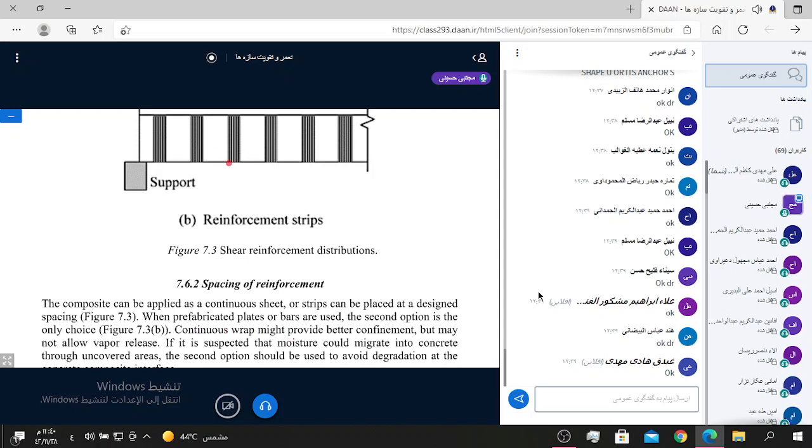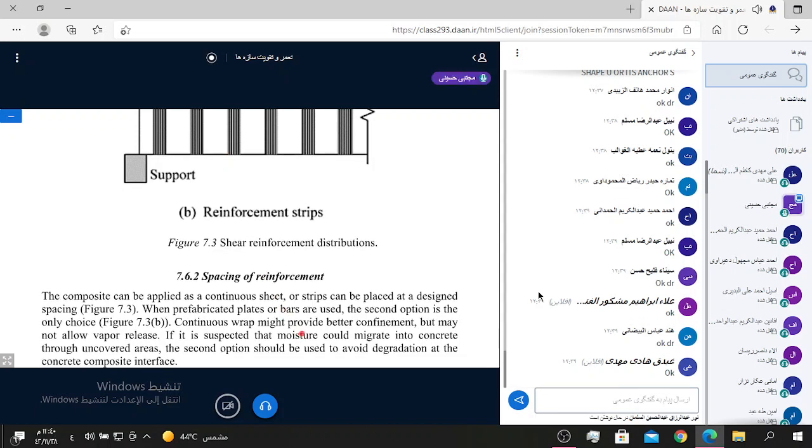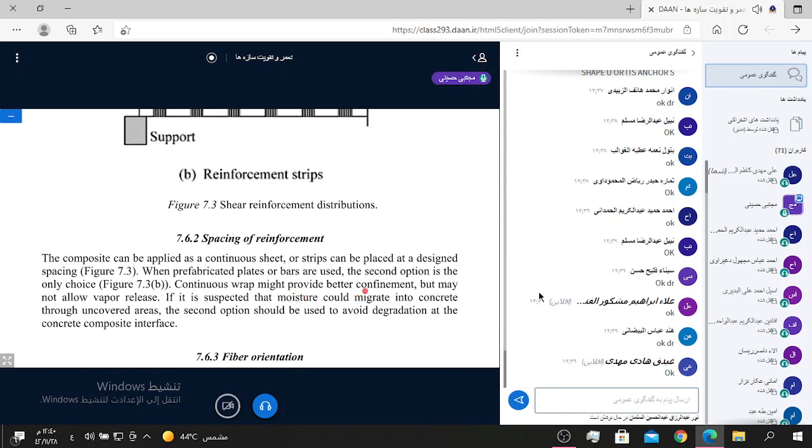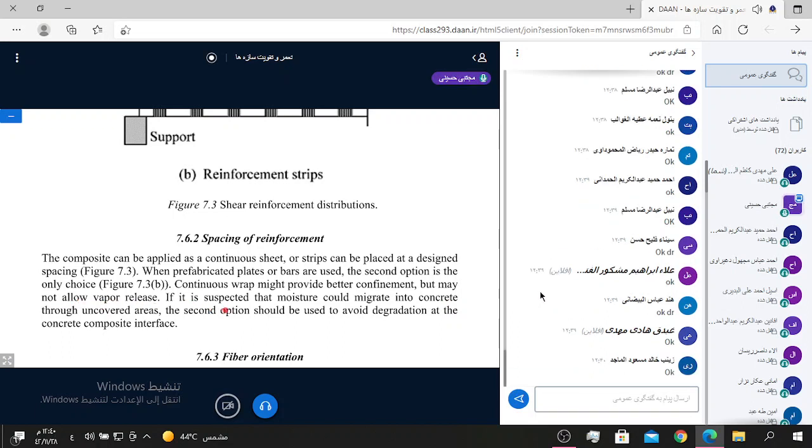This is this, and continuous wrap may provide better confinement. This is very important. Continuous wrap may provide better confinement, okay, but may not allow proper release if it is suspected that moisture could migrate into concrete through uncovered areas.